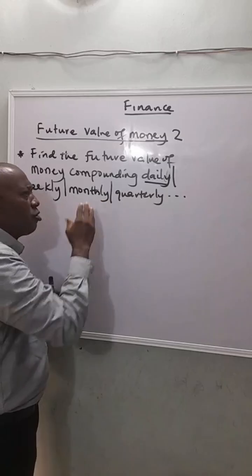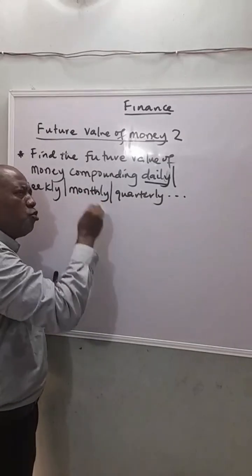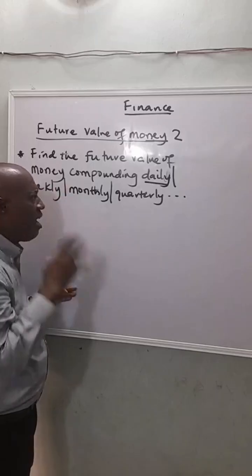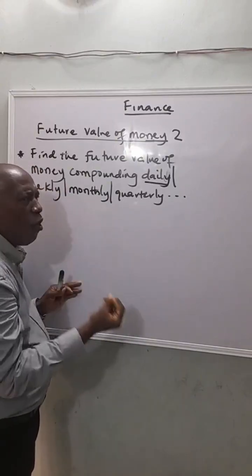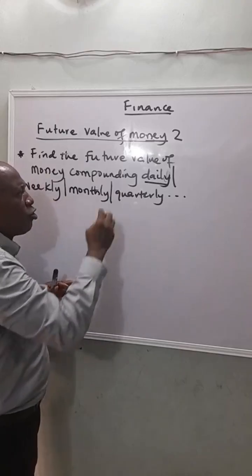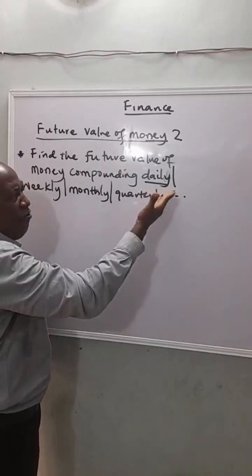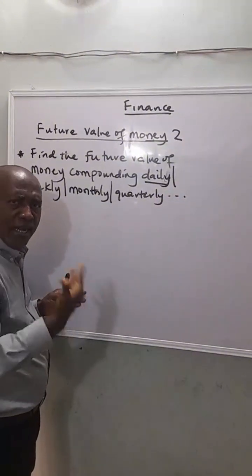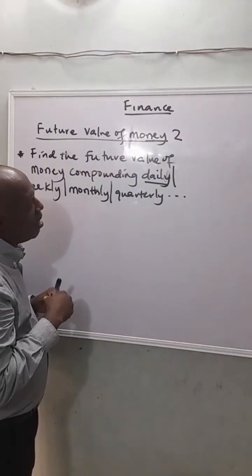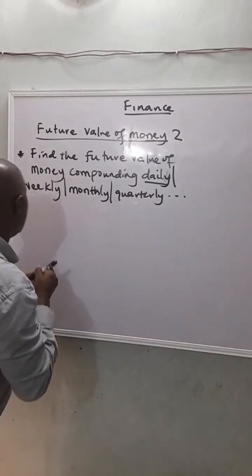If monthly, interest will be payable 12 times. If quarterly, there are 4 quarters, so 4 times. If semi-annually, twice in a year.